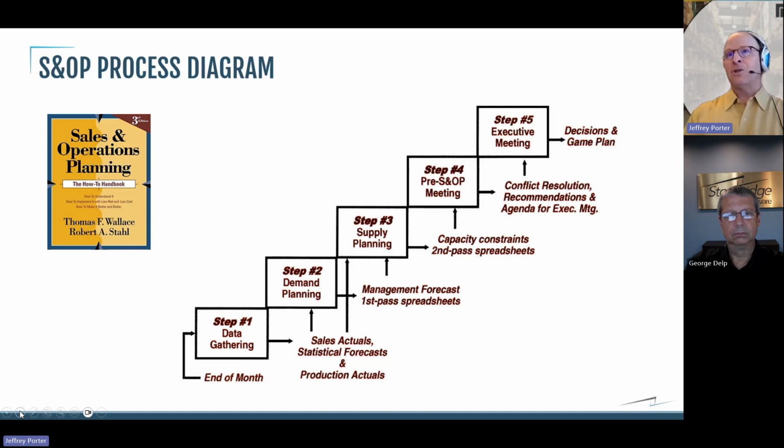One of the things that I mentioned in that previous step is a consensus, meaning we think about demand planning, we think about establishing a management forecast that gets buy-in from all parties. This is the go-to plan. When we start seeing issues in the marketplace from a supply perspective, we don't go back and adjust the demand plan to account for constraints in the marketplace.